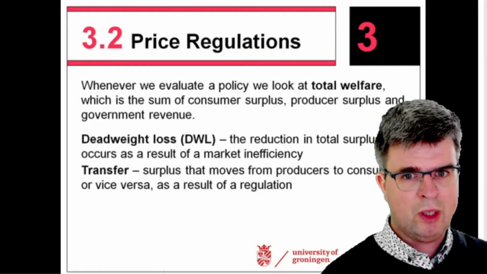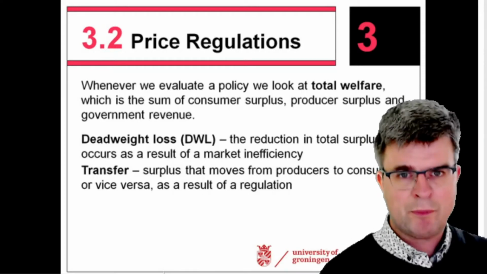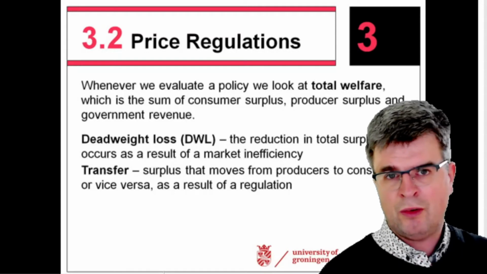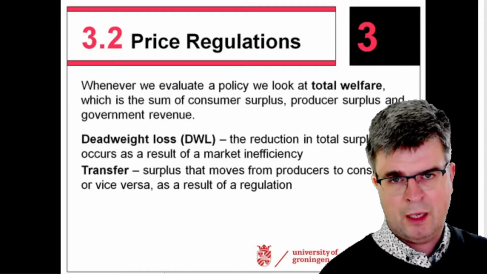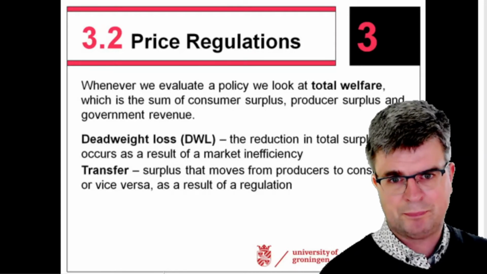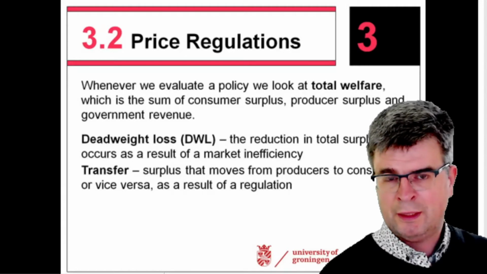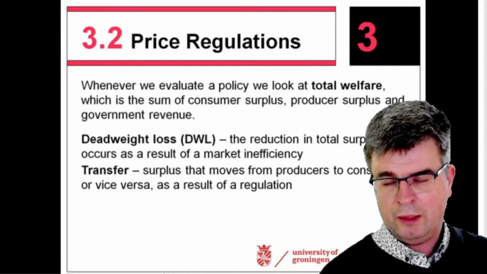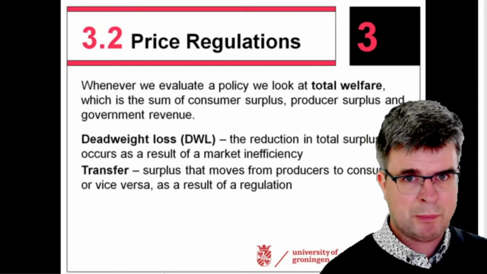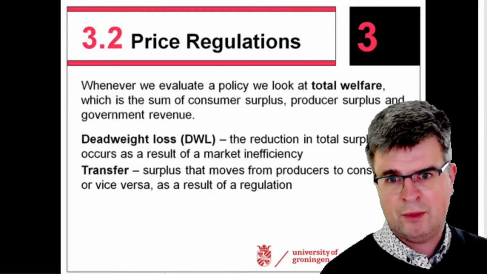Now the deadweight loss is the reduction in total surplus, so the combined surplus of consumers, producers and government, as a result of market inefficiencies. And the objective is to make these inefficiencies as small as possible. And we have transfers, which is a surplus that before the regulation was in place was part of the producer surplus or the consumer surplus, but after the regulation has been put in place, shifts to the other side of the market.